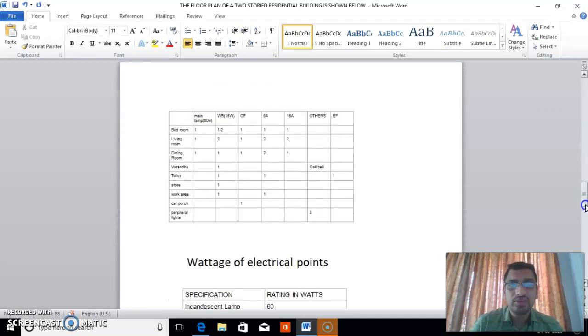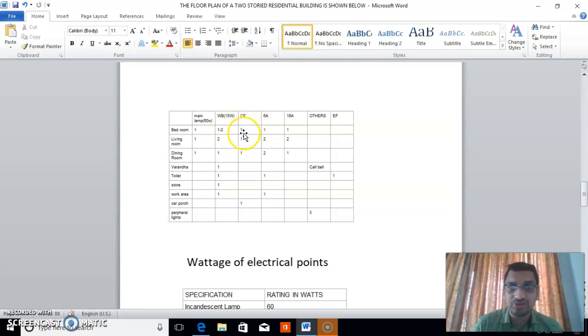Then next one is the table 2. So the table 2 shows the different type of loads installed in each room. For example, bedroom. In bedroom, we install a main lamp, one main lamp with the wattage of 60 watts. Then WB, wall brackets, that also used for lighting purpose, and we assume the wattage 15 watts, and number of WB in a bedroom 1 to 2. Then CF, that is ceiling fan.